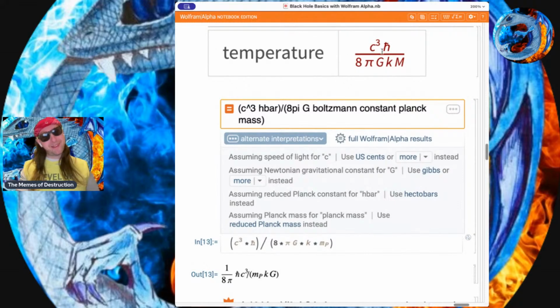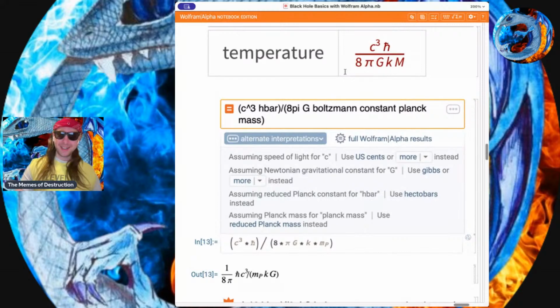So temperature, basically we jumped ahead there, so we get speed of light to the 3rd there, which is interesting, times h bar, so Planck's reduced constant, Planck's quantum of action divided by a circle, divided by 8 pi. Oh, okay, so we got like 2 spheres there, or something like that.